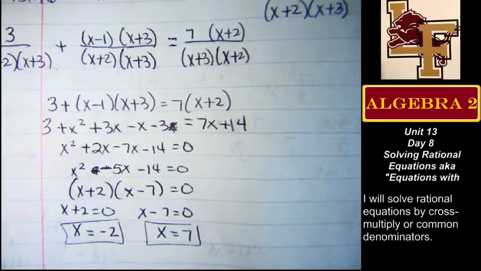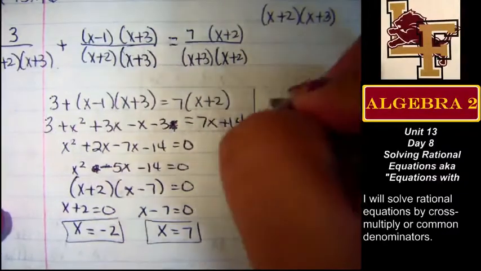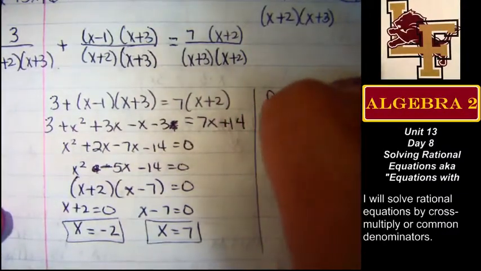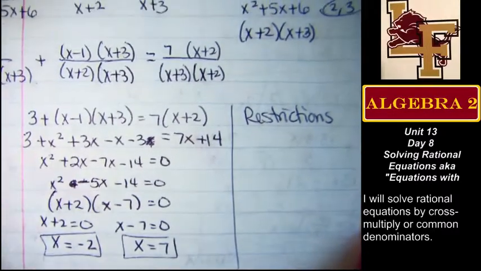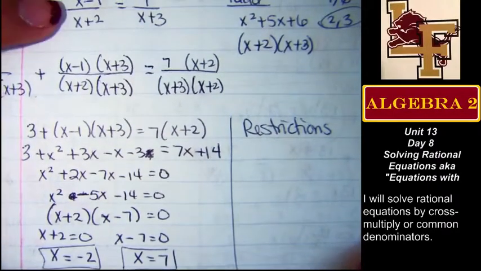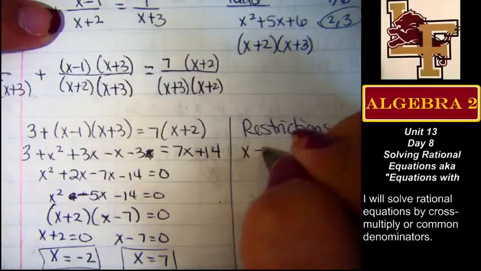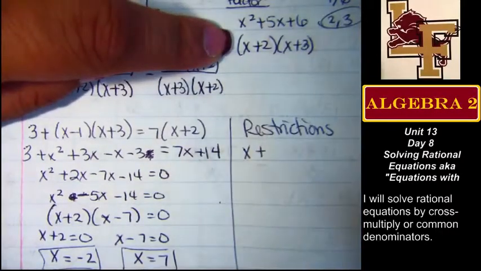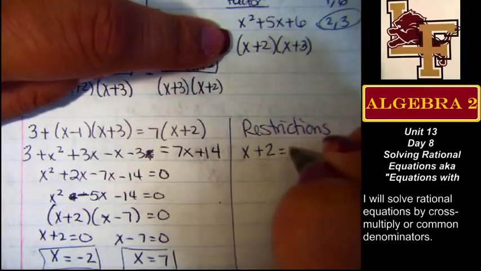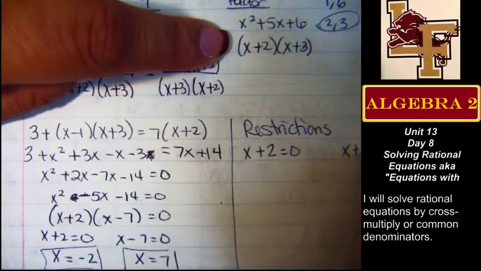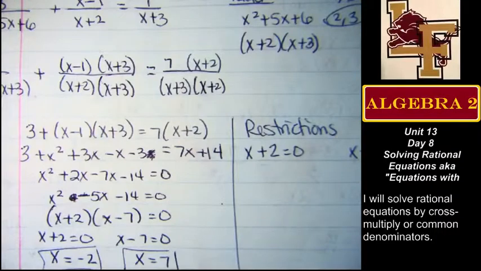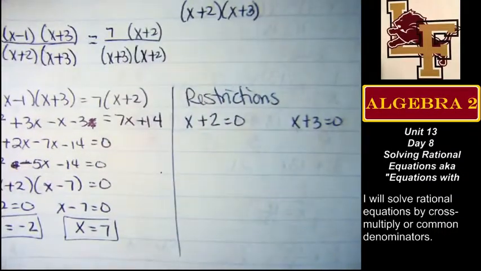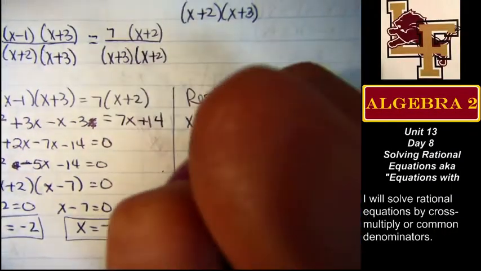But now I have to check my restrictions. Looking back at the original equation, I'm going to look at my common denominator. Each factor of my common denominator could be responsible for creating a restriction: x plus 3, x plus 2.